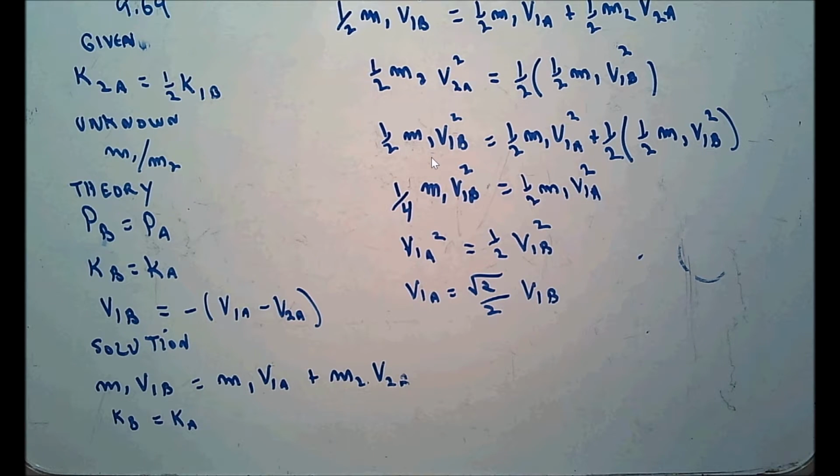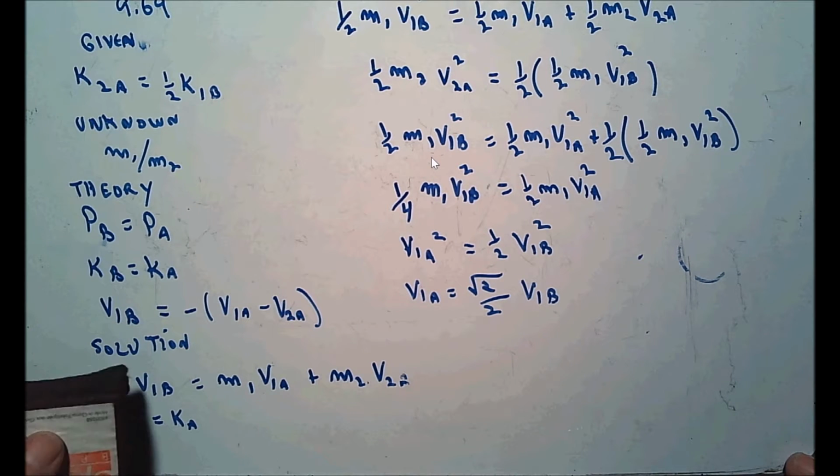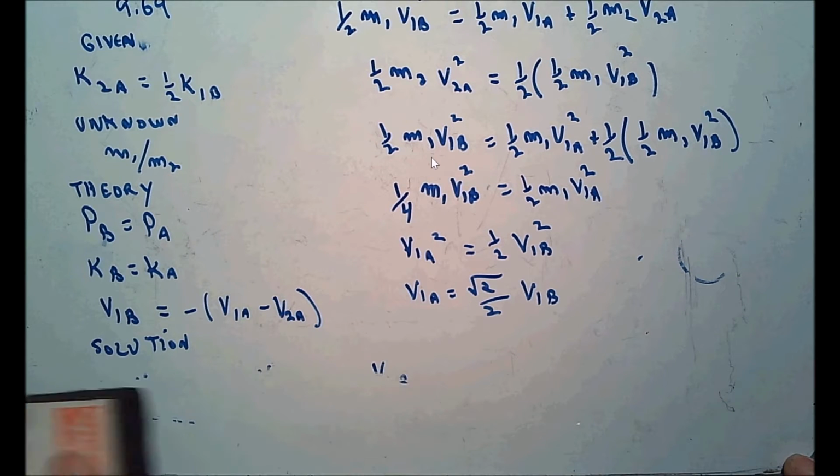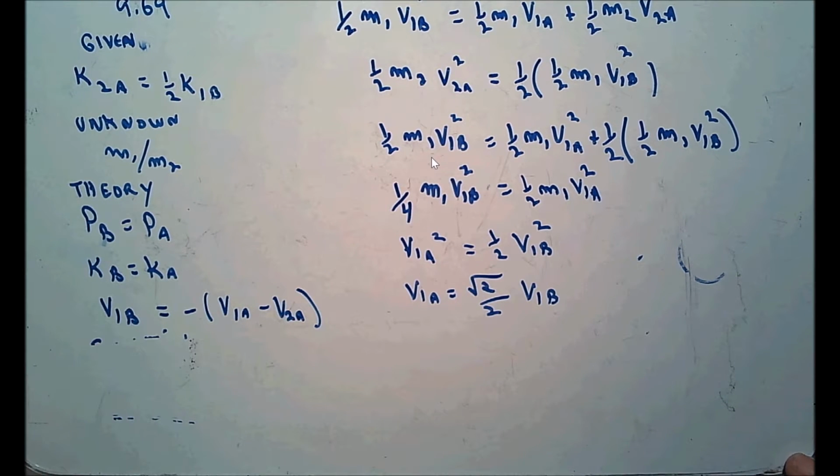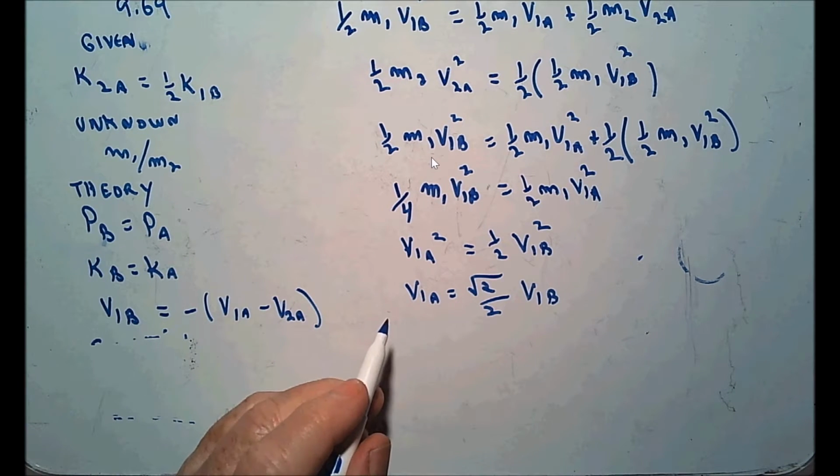Now I'm going to get this out of the way right here, just for the time being. Give me a little bit more room. So what I can do now is go to the elastic equation and see if I can find some more relationships that allow me to eliminate some of the variables.